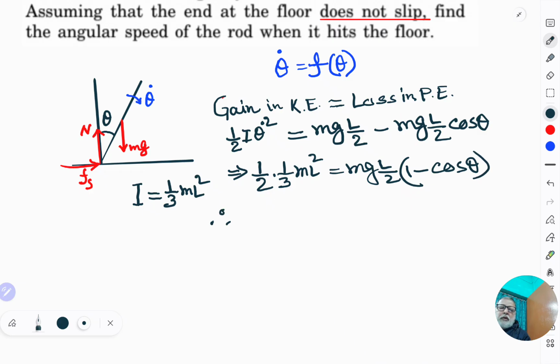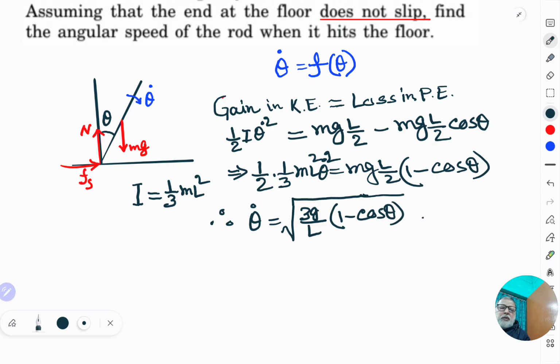Therefore, theta dot by simplification, obviously here is theta dot square, half I omega square, and theta dot is equal to root under 3g by L into 1 minus cos theta.